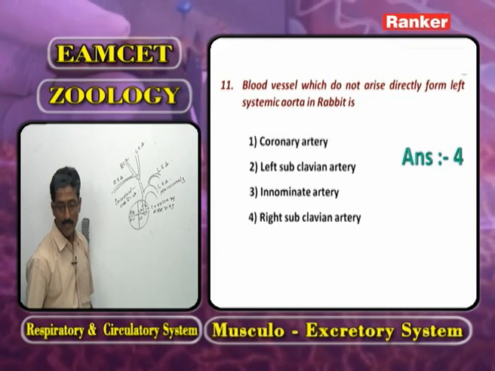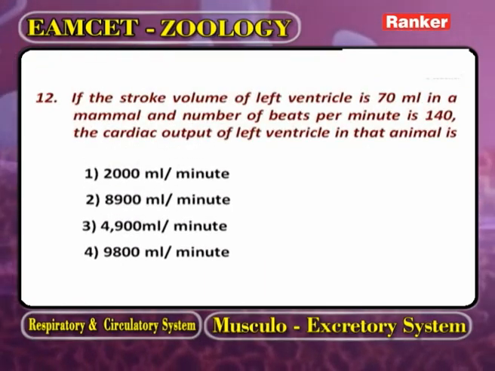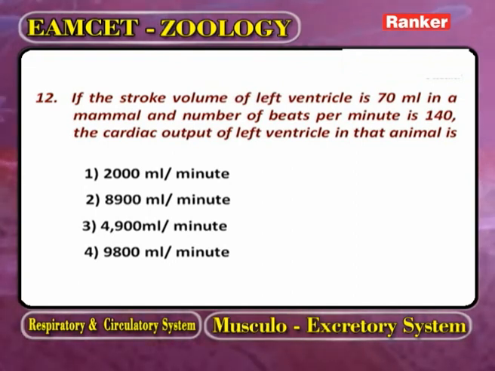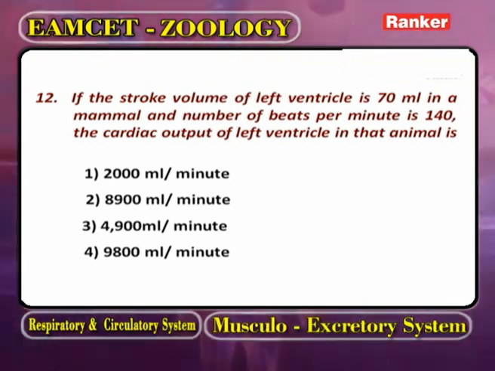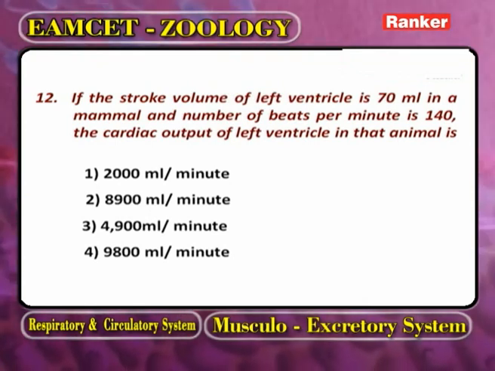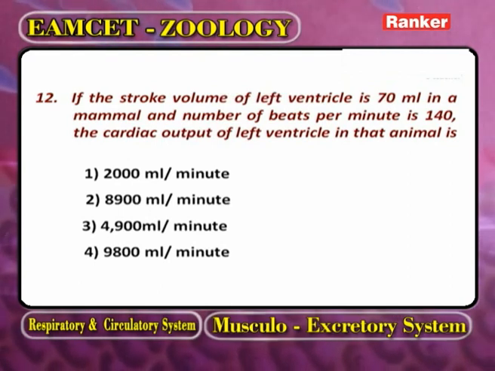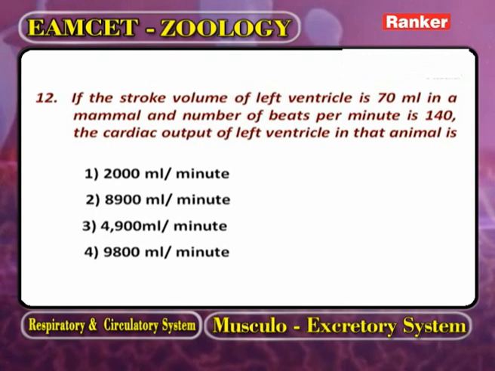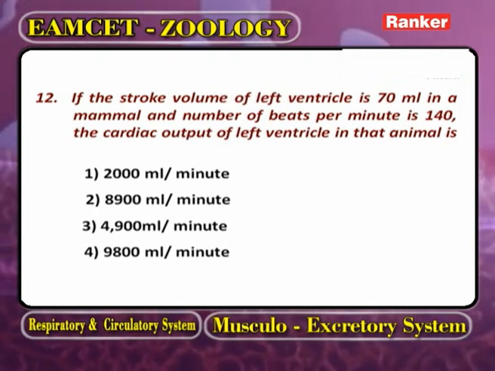Now we go for the next question. If the stroke volume of left ventricle is 70 ml in a mammal and number of beats per minute is 140, then what is the cardiac output of left ventricle in that animal?